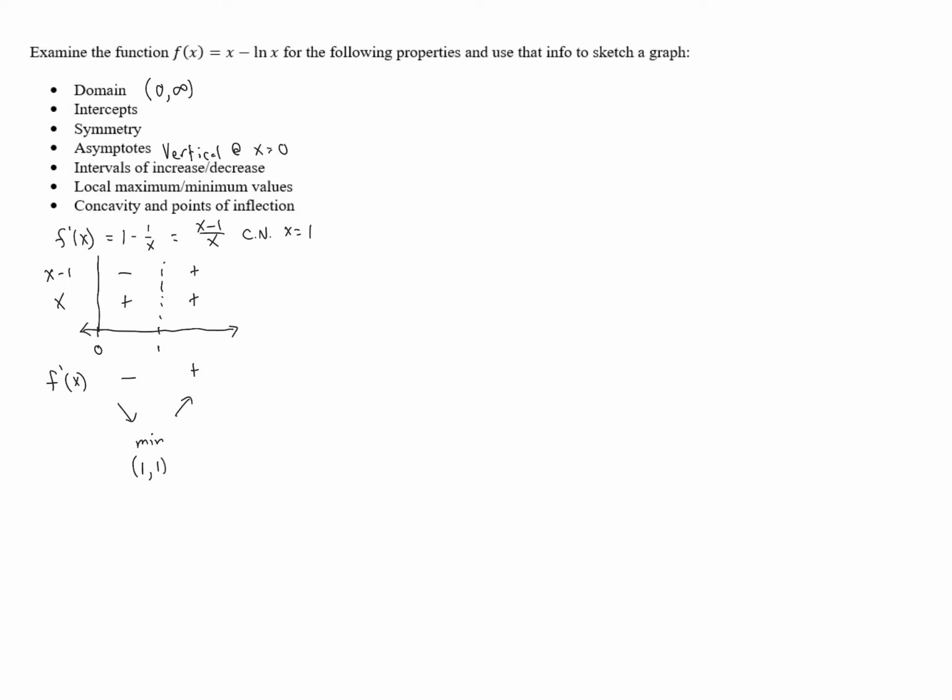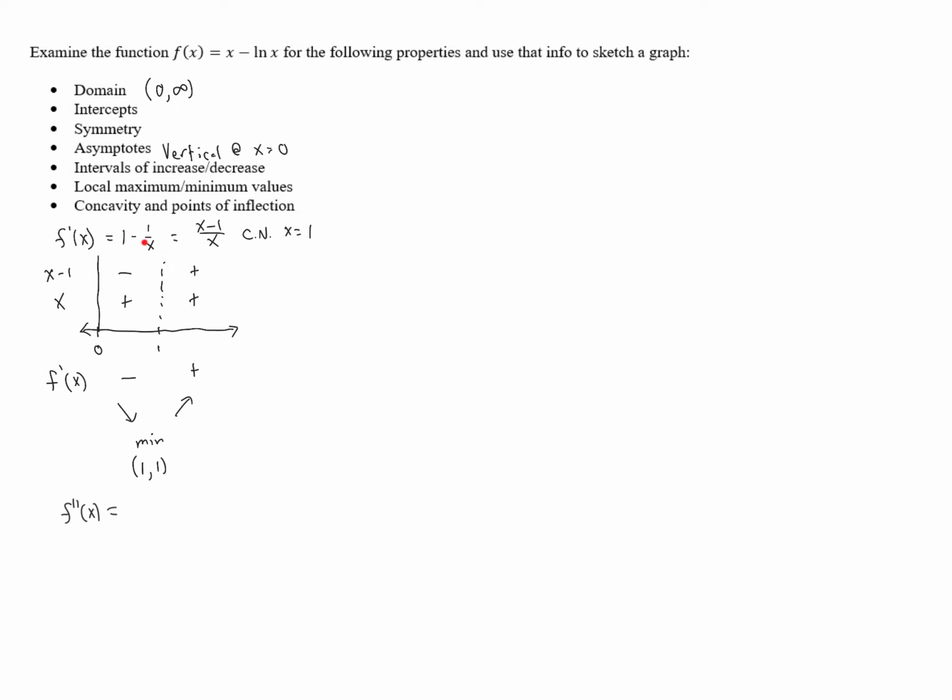For the concavity and points of inflection, we need the second derivative. And to do that, we need to differentiate the first derivative. And the easiest form of that is 1 minus 1 over x. Because if we use the other version, we would want to use the quotient rule, which makes it more complicated. The derivative of 1 is 0, and we just have to differentiate negative 1 over x.